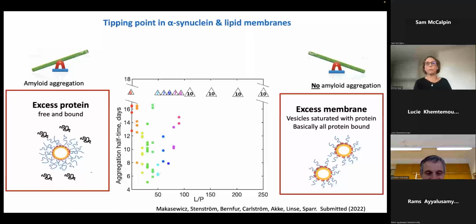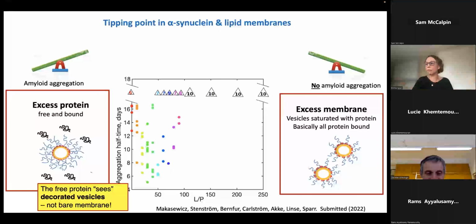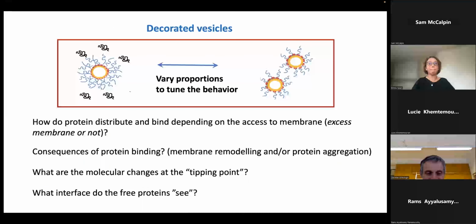At high lipid-protein ratio, we basically only detect bound protein. And in the cases where we have induced aggregation, what the free protein sees is not a bare membrane, it's a decorated membrane, a decorated vesicle. It's a vesicle that is already covered with protein, which we believe is important.